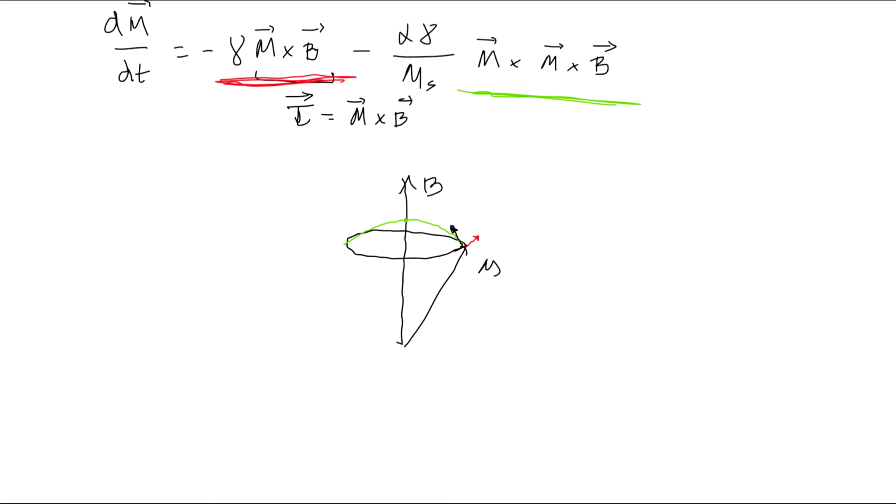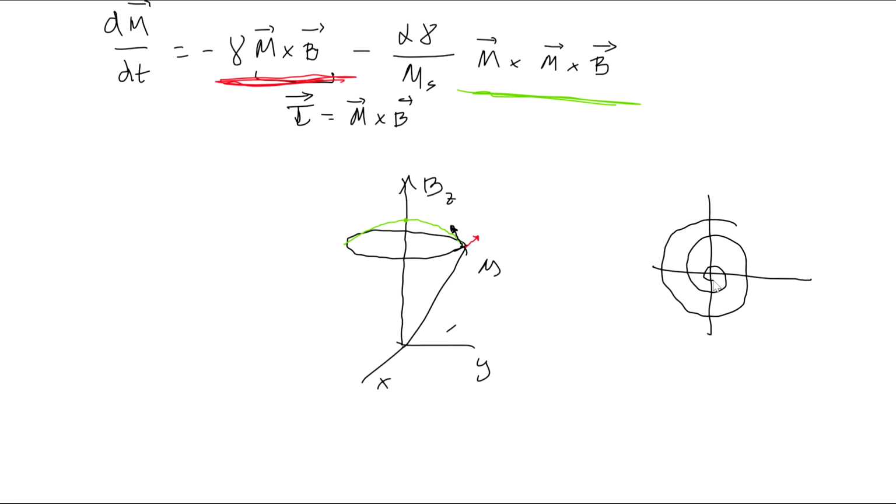B is in the z-axis. I will write B_z, but there is also x and y, and I plotted it last time. So you have this precession, and it spirals towards the magnetic field.